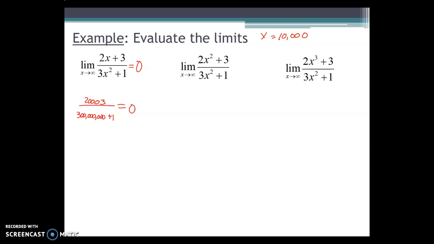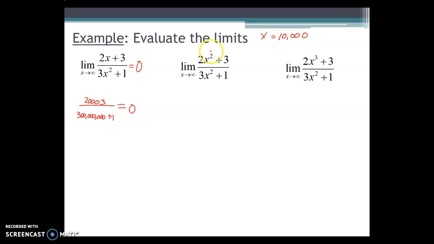So really what's going on is you're picturing large numbers, and the only thing that really matters is the degree. When the degree of the denominator is bigger than the degree of the numerator, the limit as x approaches infinity is 0.